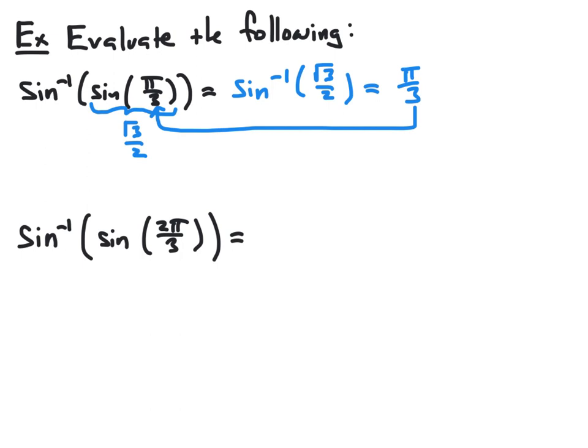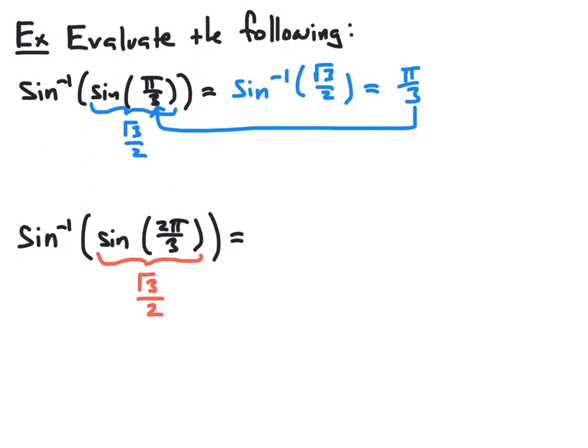If we apply the same reasoning to the second example, we first compute the sine of 2 pi over 3, and we know that the reference angle for 2 pi over 3 is pi over 3, and we just saw that the sine of that is square root of 3 over 2. This is an angle in quadrant 2, and so therefore the sine is positive.